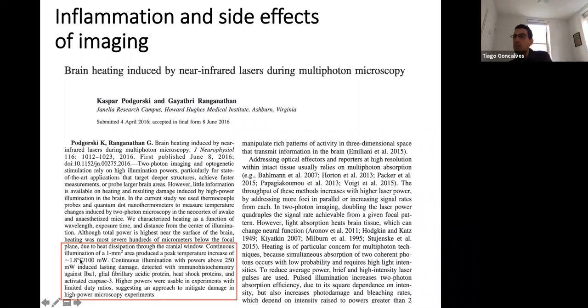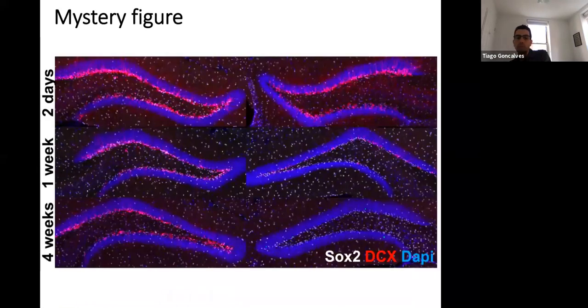And there are papers that estimated this and estimated what damage it could make. So these papers are available, and this is what you should use for estimating how much power after your objective you should be using. And remember, it's always about measuring power at the objective, and it's always about what is the volume where you'll have this laser power concentrated in the brain.